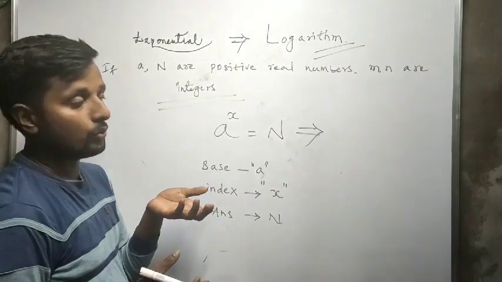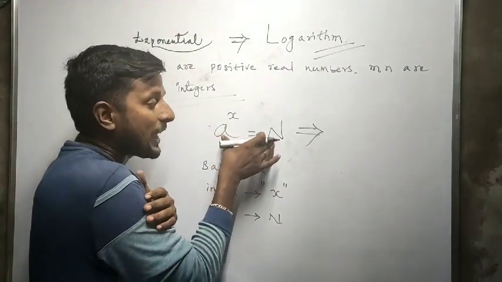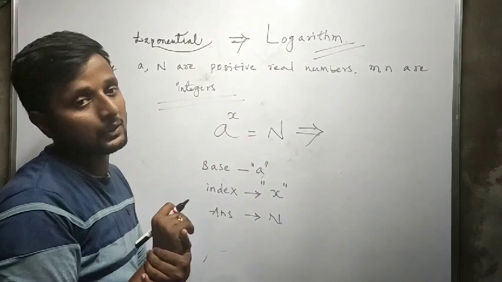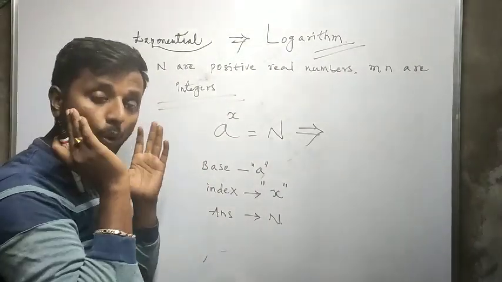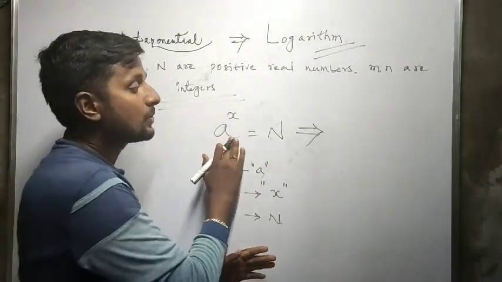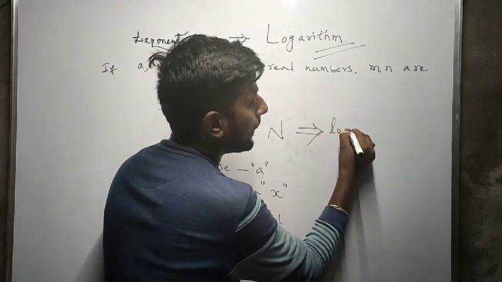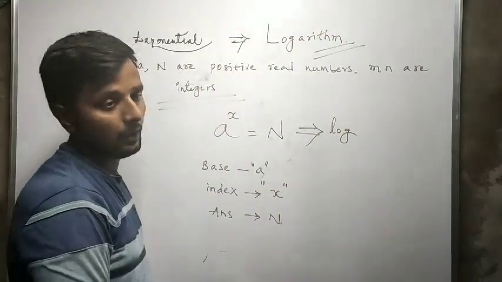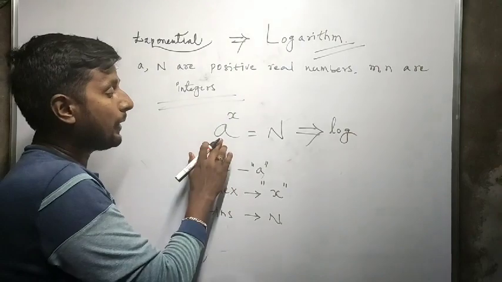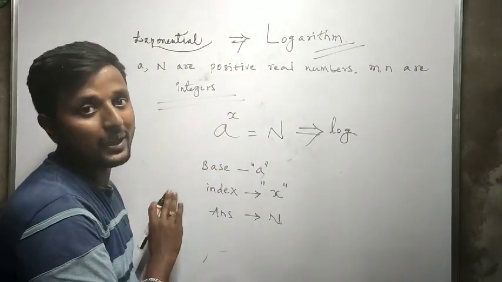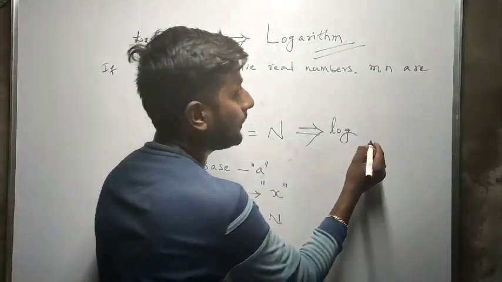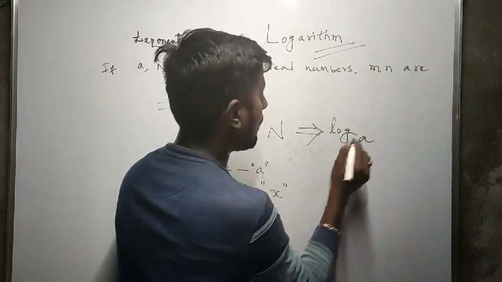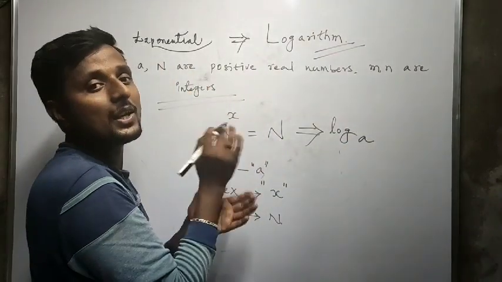Now what I am going to do is convert exponential form to logarithm form. Pay attention very well. Logarithm short form, we write as log. And remember, the base doesn't change. Simply I'll write a as it is. Now they will interchange the places.